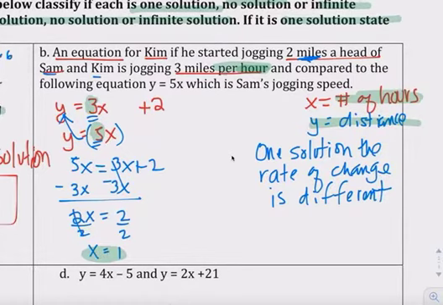So I'm going to use y equals 5x. So x is 1. 5 equals 5. Y is 5. So at 5 miles, right? So in this case, one solution, because the rate is different, and we found our answer.